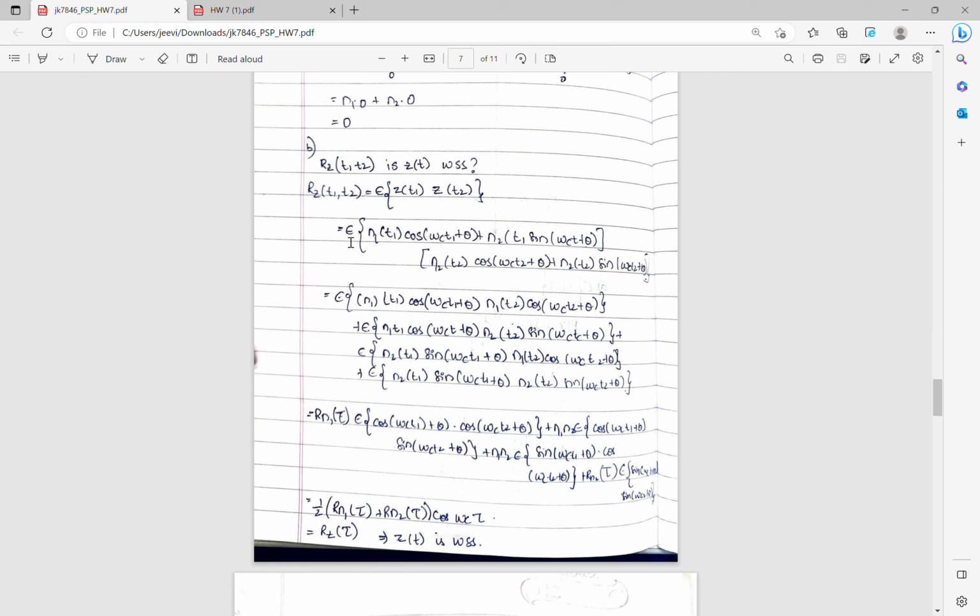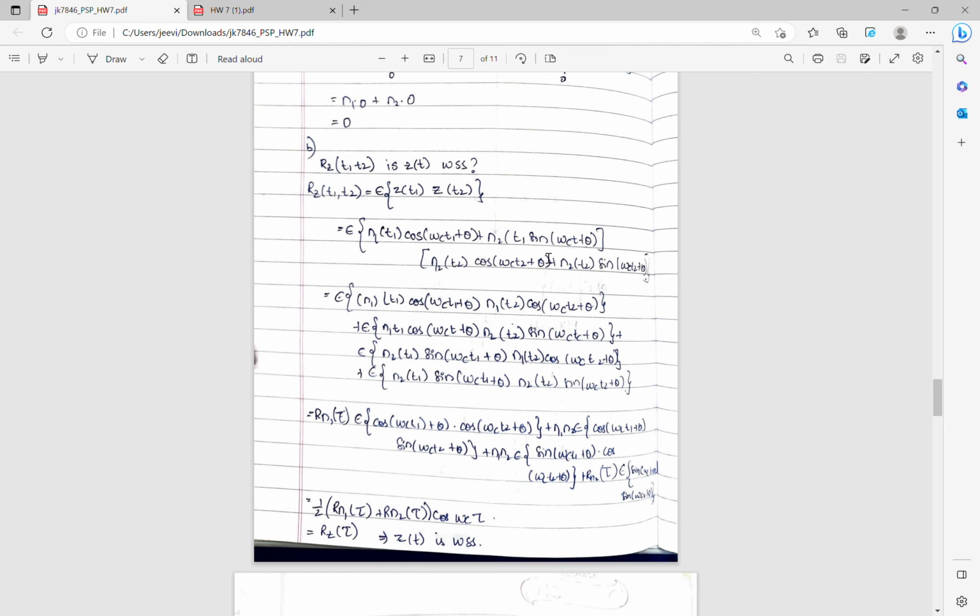Therefore we will get the expected value of [n1(t1) cos(omega_c t1 plus theta) plus n2(t1) sin(omega_c t1 plus theta)] into [n1(t2) cos(omega_c t2 plus theta) plus n2(t2) sin(omega_c t2 plus theta)].